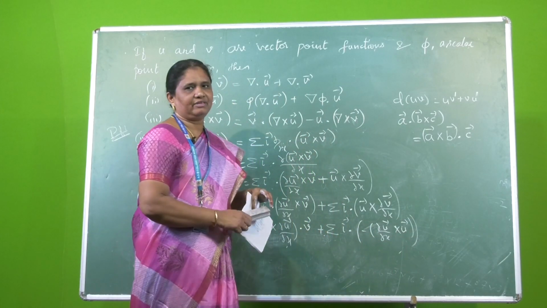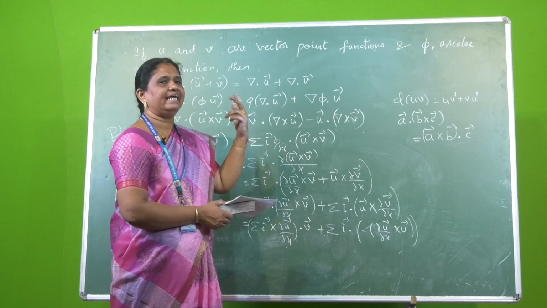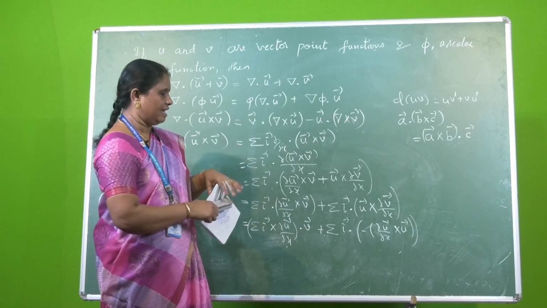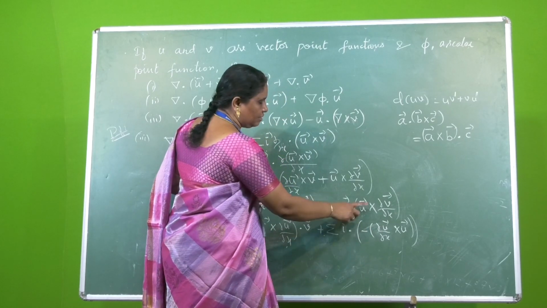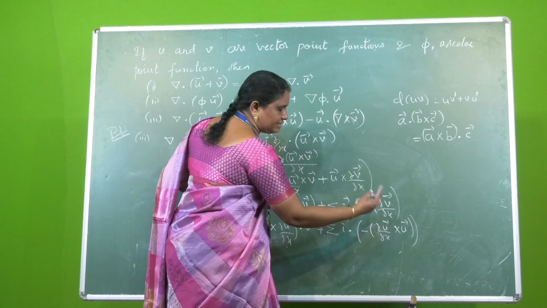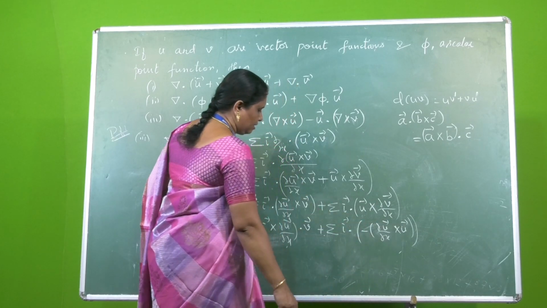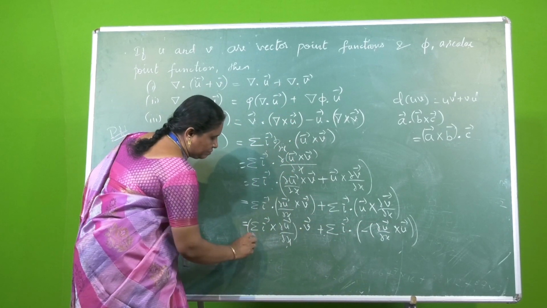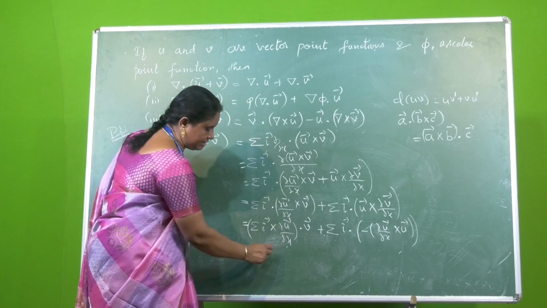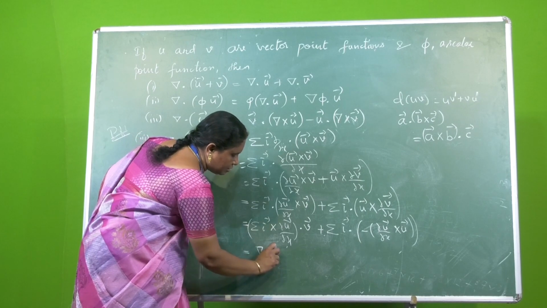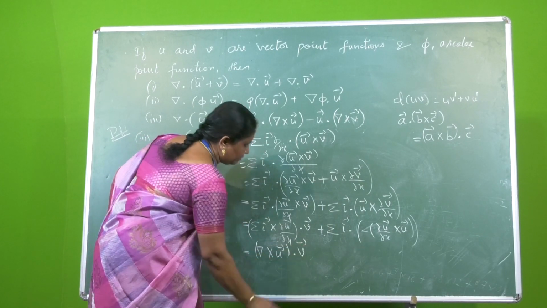In cross product, if we interchange i cross j, we get the negative sign, minus j cross i. Therefore, we are keeping minus here. u cross dou v by dou x is replaced by minus of dou v by dou x cross u. And in the next step, we can write this as summation i cross dou u by dou x as del cross u vector dot v vector.